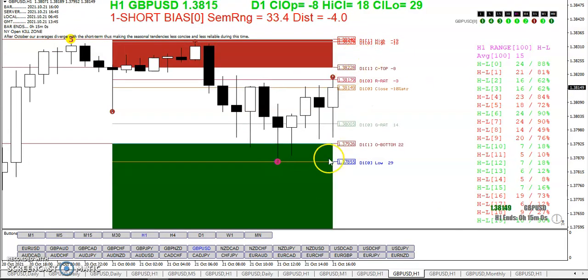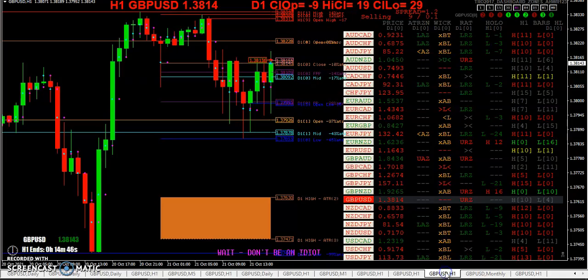Once again, looking at the wick zone here, along with the rat zone. And just looking at my dashboard to look at the different methods.